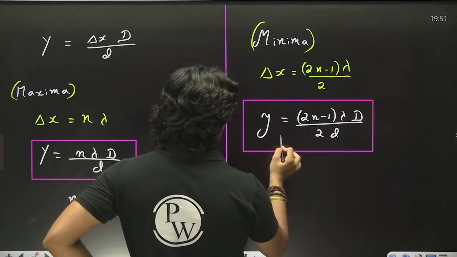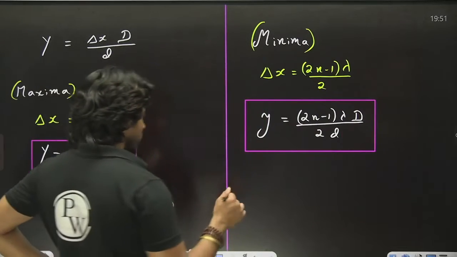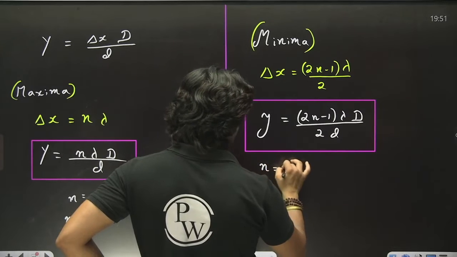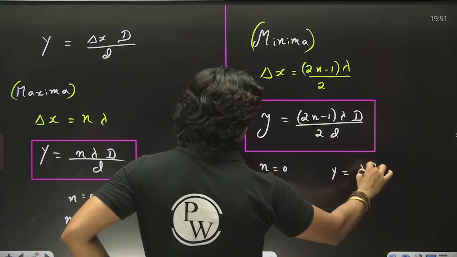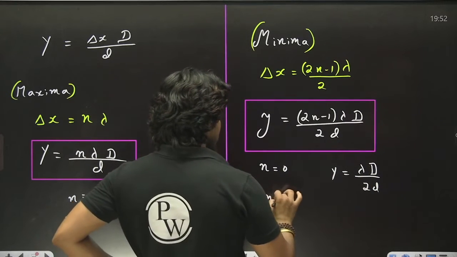If you substitute n equals 0, you get the position as lambda D by 2d. Apart from this, substitute n equals 1.